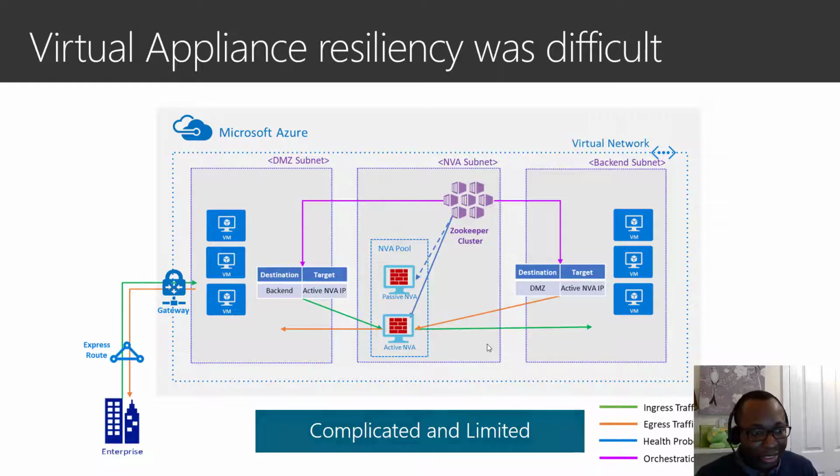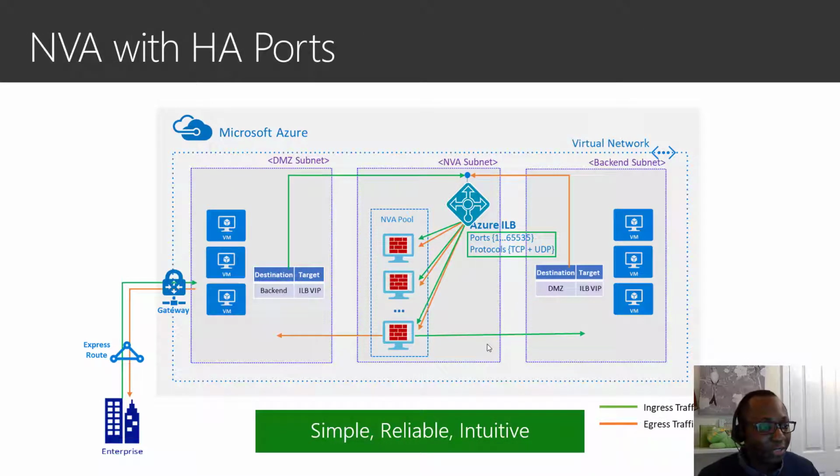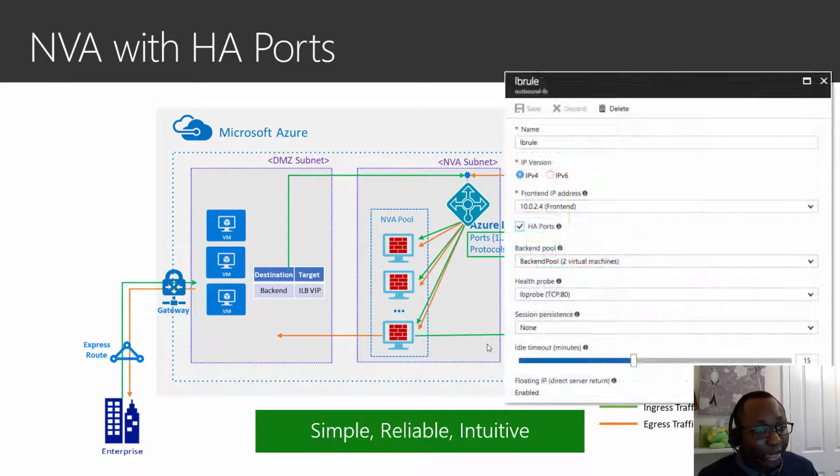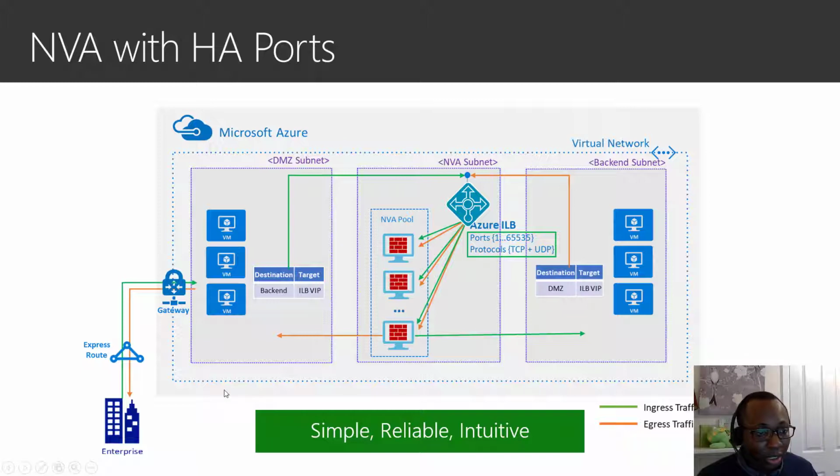So the new standard load balancer brings this thing called HA ports that just makes it easier. All we need to do is set up this new standard load balancer and configure the network virtual appliance nodes as the backend pool. With a single tick, we can configure HA ports. That means it's going to load balance every port, as you can see here, from port 1 to port 65535, across the NVA pool.